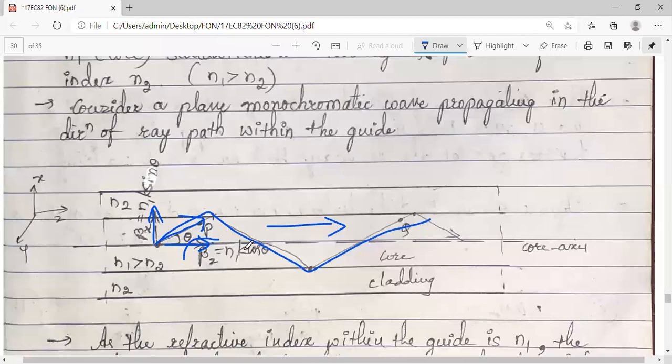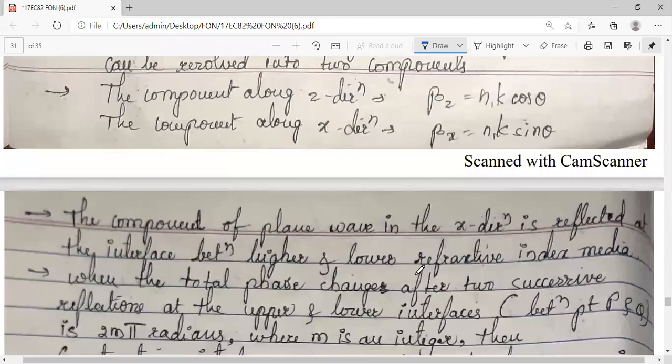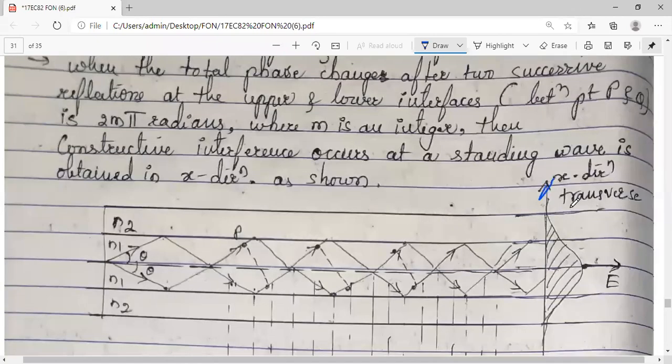However, the electric field is transverse in nature, so the direction will be along this. You can see here, the field will be varying along the x direction because it is transverse to the propagation of the wave. Propagation is in the z direction.